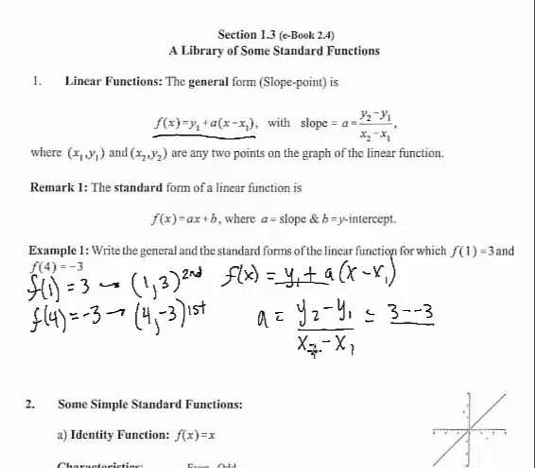And then on the bottom, since I chose the 3 from this point that I labeled second, then for the x's I want to use 1 first, and then subtract the 4 from it on the bottom. So 3 minus negative 3 becomes 3 plus 3, and then 1 minus 4 becomes a negative 3. So we get 6 over negative 3, which ends up being negative 2.